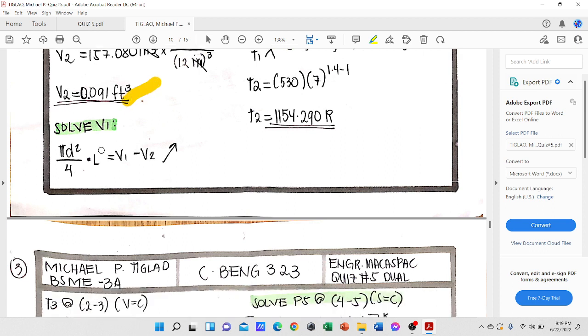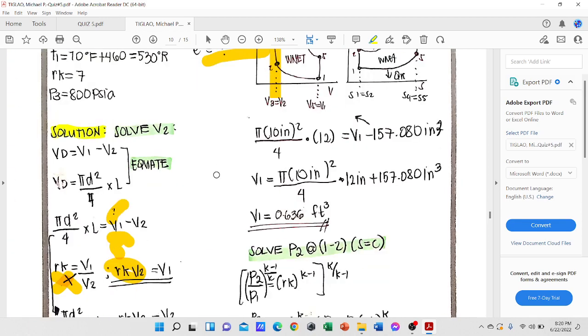Next, we will get volume 1. We substitute the value we obtained here to get the final answer for volume 1.